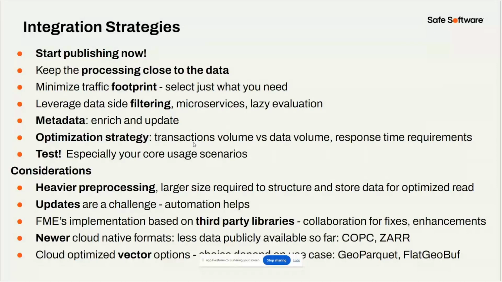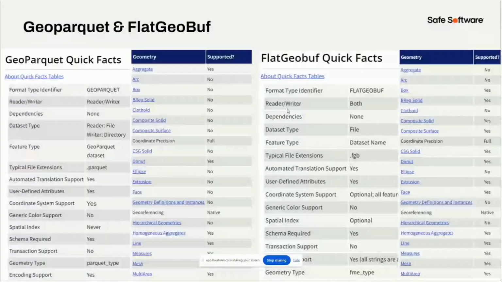So sometimes we have a larger server-side footprint in order to make it easier to read. There's a bit of pre-processing involved with that, and updates can be a challenge. But I think if you have an automated system, that makes updates easier. So I think that's pretty much all the time I have. Obviously formats like COPC and Zarr are a bit newer, so there's not as much available out there.